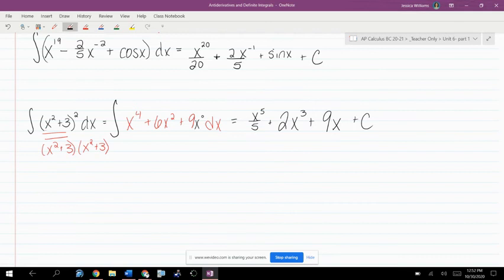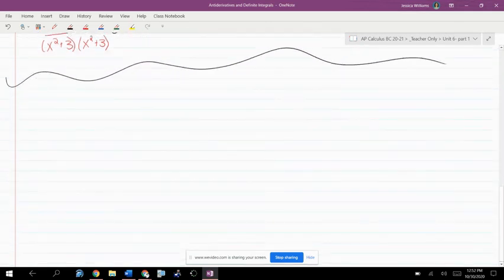Okay, so let me do one more kind. Let me go back to this kind where I'm not writing the integral notation. So, hey, you took the derivative of something and you got something friendly like this.